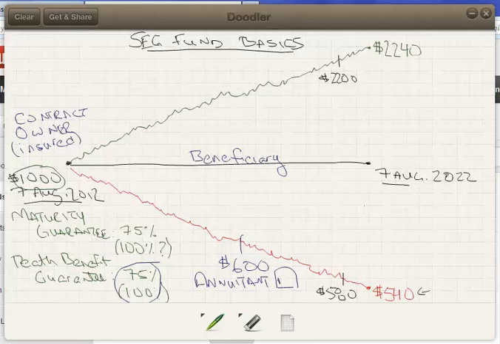This person is really roughly equivalent, as we saw in the last video, to the life insured in a life insurance contract. So we have the annuitant die with a contract value of $600.